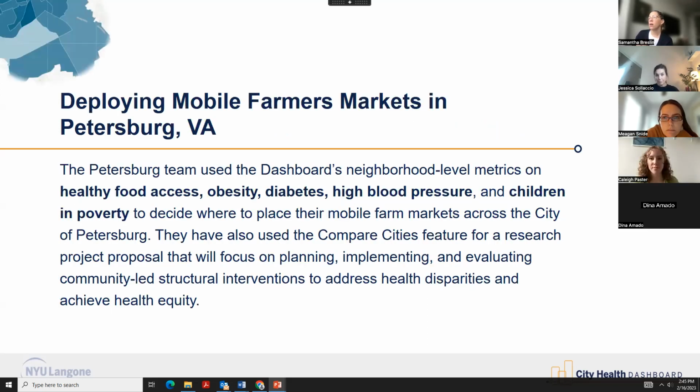And then finally, deploying mobile farmers markets in Petersburg, Virginia. This team from Petersburg had already been really focused on healthy food access and food insecurity in that town, but didn't really have data to ground the work they were doing.